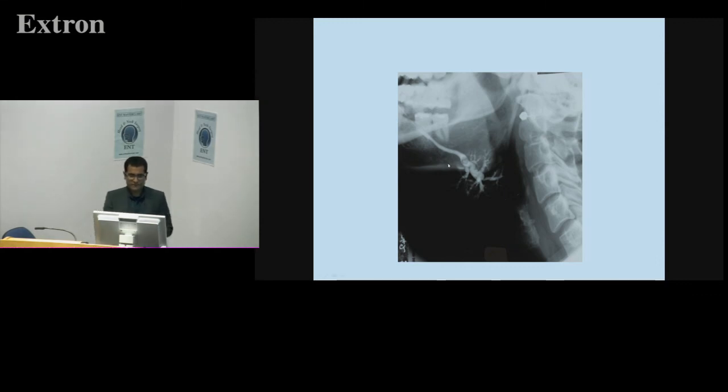This one again, you can see something within the hilum, and you've got intraglandular ductal dilatation, as you can see here, but there's a little stone there. So it's a large hilar stone. How would you treat that?